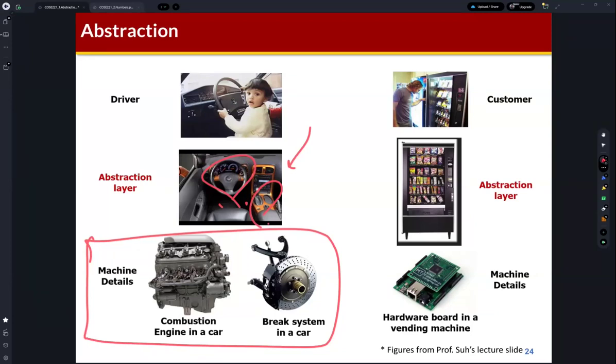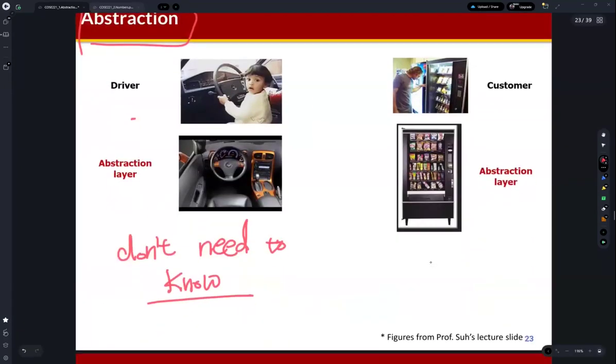And then this is another example. This is a vending machine. We can use a vending machine, but we don't need to understand how the vending machine works. Okay, because we are just users, and in order to use a vending machine, only some required interface is needed.